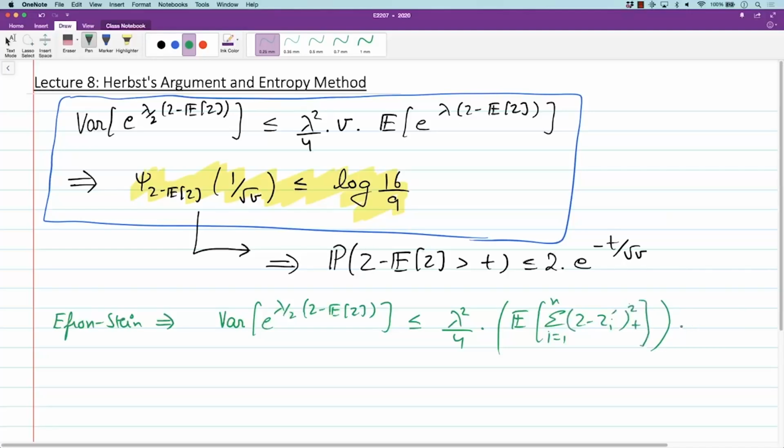This is my constant v, times the same expected value of e to the power lambda Z minus EZ. Okay, so that's what we showed last time.